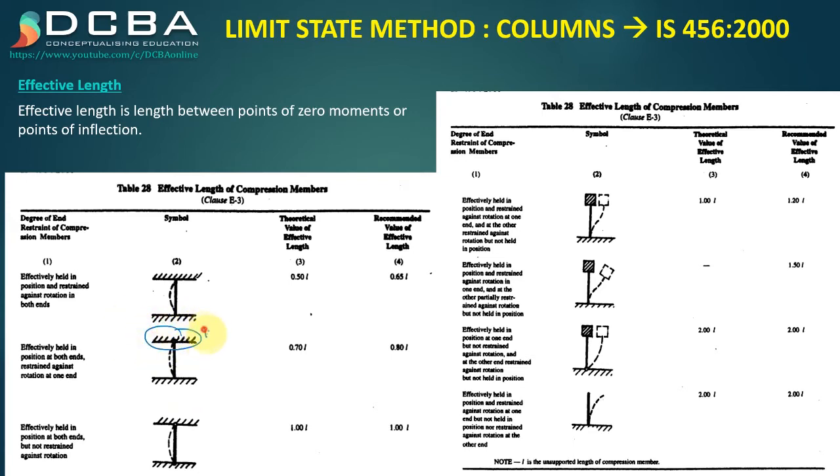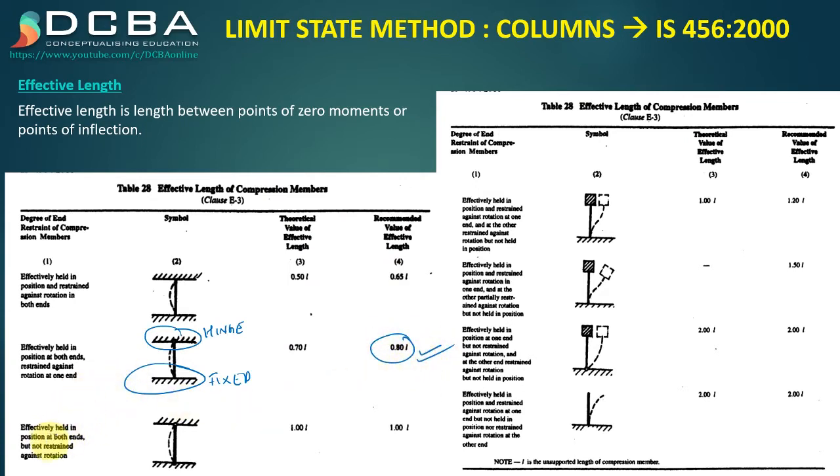So this end is a hinge, this end is fixed. It is not given which end is restrained against rotation, but from the diagram we can understand that this point is getting rotated. So I will say that this is a hinge, this is fixed, and for such a case the theoretical value is 0.7 but the recommended value is 0.8.